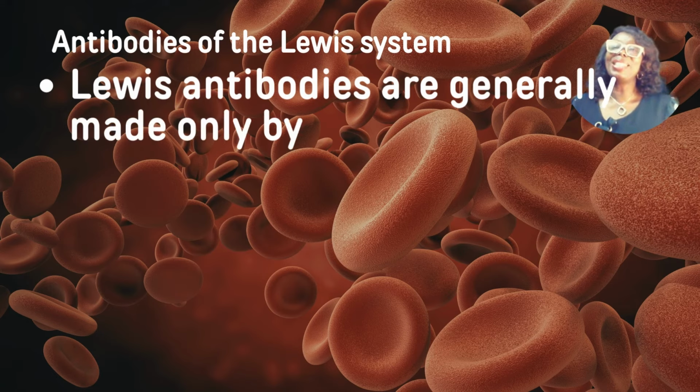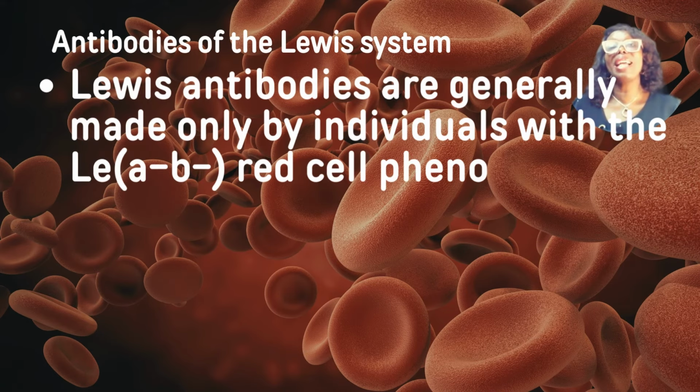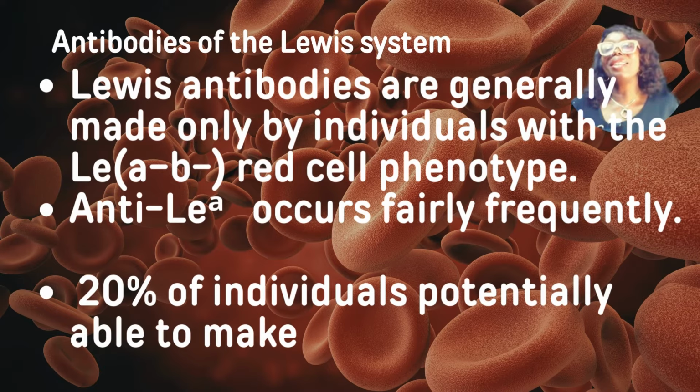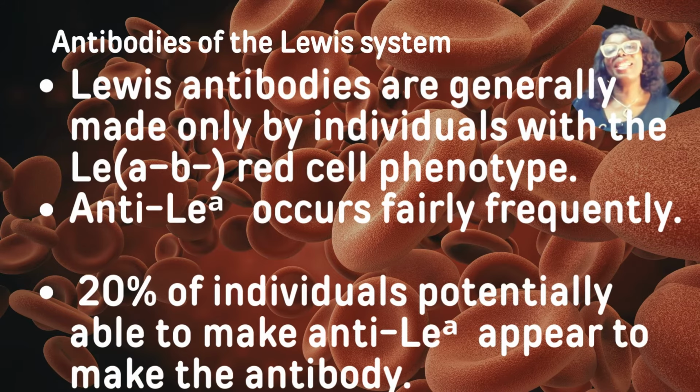Lewis antibodies. Lewis antibodies are generally made only in individuals that are Lewis A negative and Lewis B negative. These phenotypes are the people that mostly make the Lewis antibodies. Anti-Lewis A antibody occurs very frequently. 20% of individuals potentially able to make anti-Lewis A appear to make the antibody.